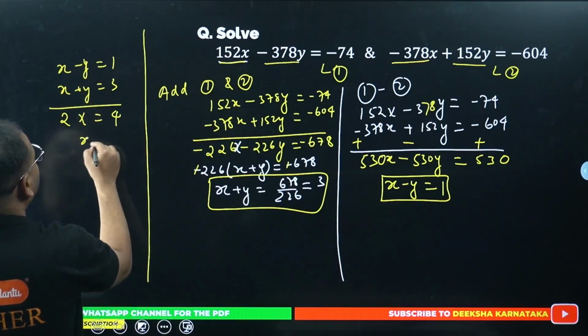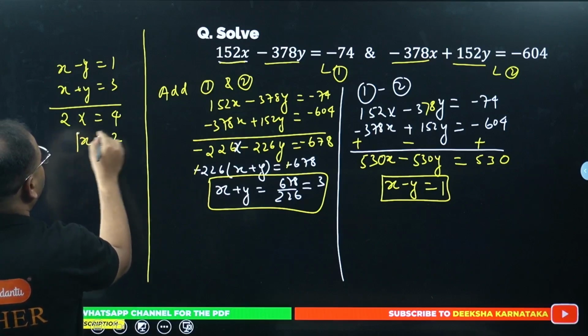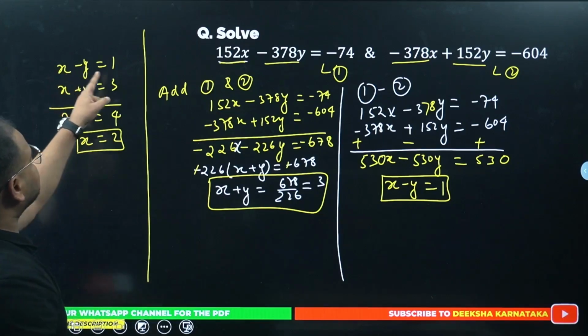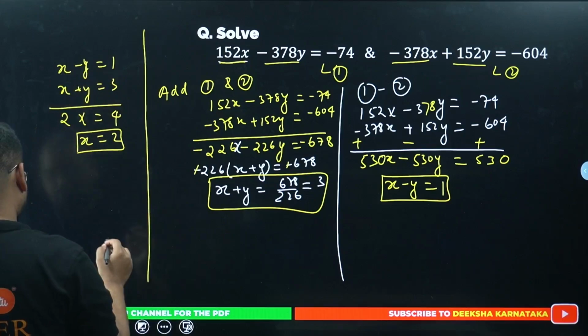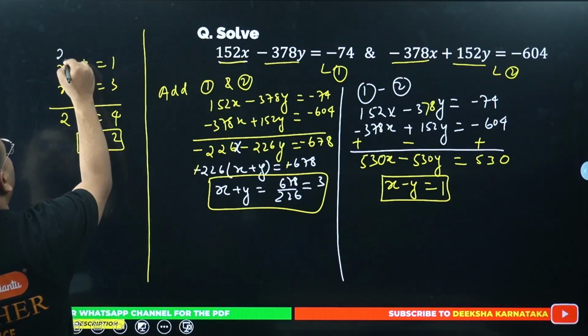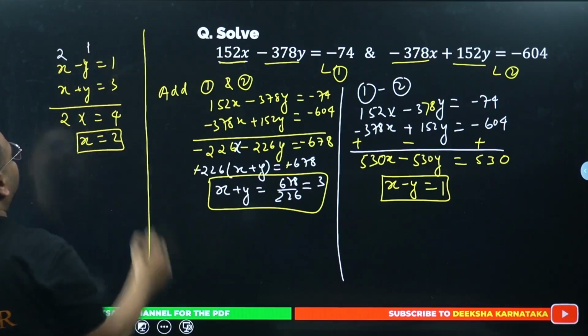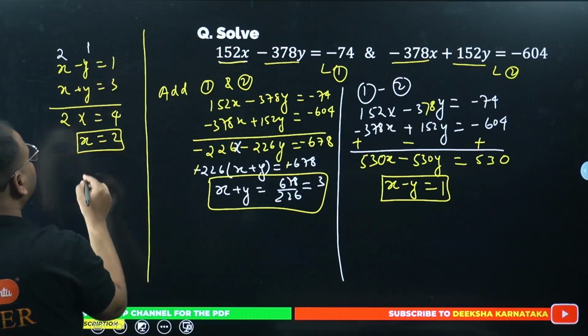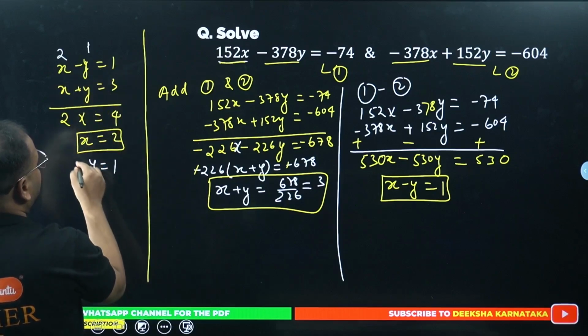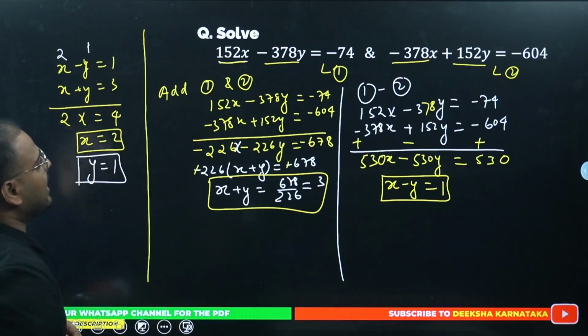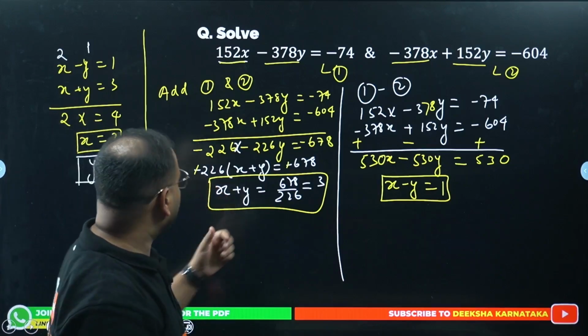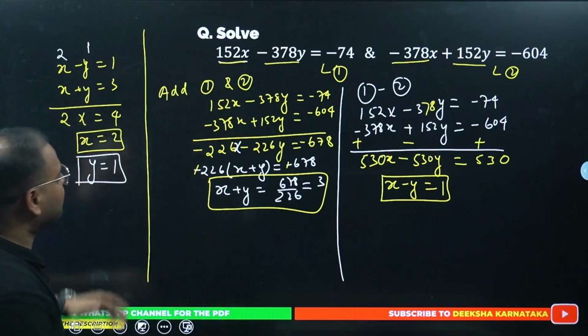So x equals 2. Now look here, x minus y is 1, x is 2. X is 2 means y has to be 1, right? Y has to be 1 for the subtraction to be 1. So y is equal to 1. Our answer is 2 and 1. So x value is 2 and y value is 1.